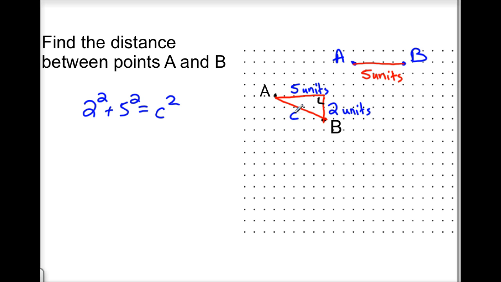2 squared just means 2 times 2, which is 4. 5 squared means 5 times 5, which is 25. That gives me c squared, so 29 is what c squared is.